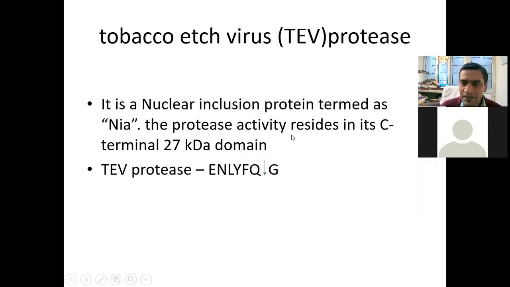The protein's activity resides in its C-terminal 27 kilodalton domain, although it's a bigger protein, around 45 kilodalton if I remember correctly. Therefore people have been able to produce only this 27 kilodalton fragment, and this can be commercially used.